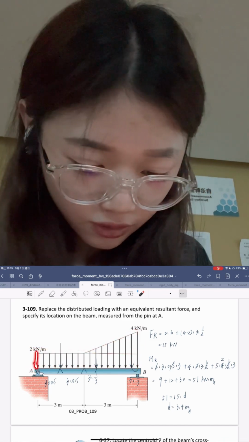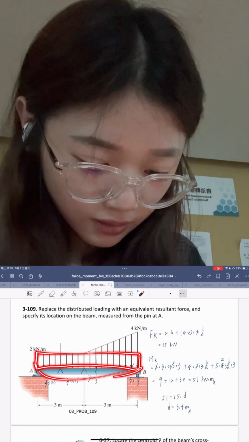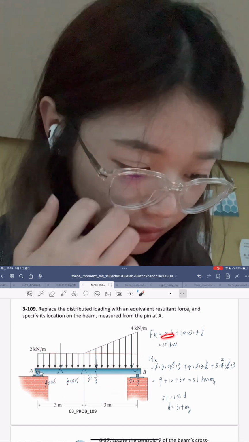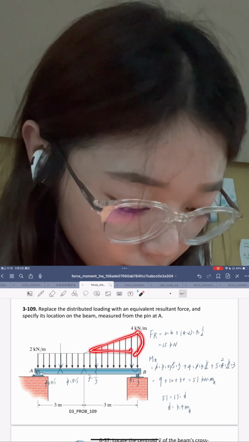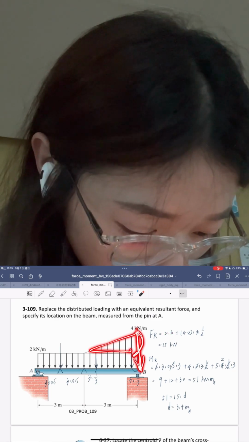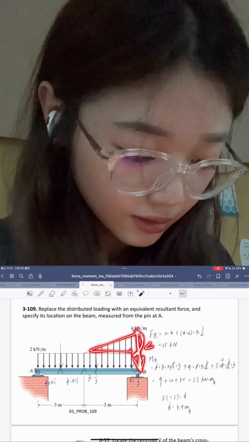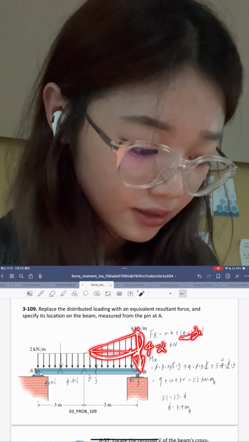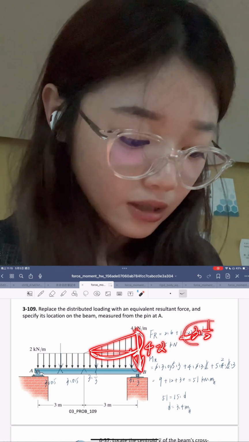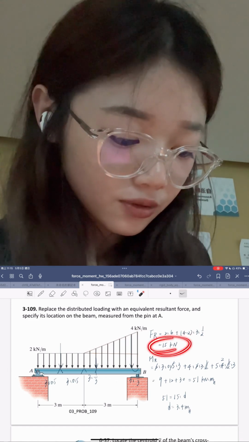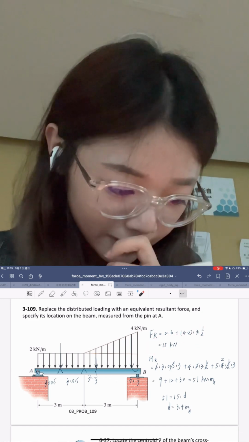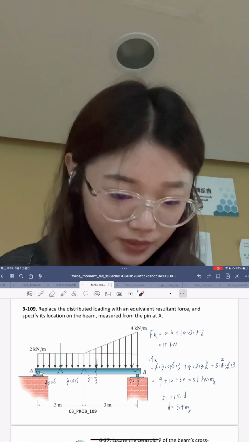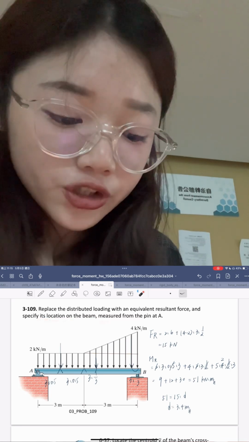So replace 2 first. Here the distance is 6 meters. For the triangle, the longest force is 4, so it is 4 minus 2, the distance is 3, and multiply by 0.5. So the resultant force is 15.5 kilonewton.